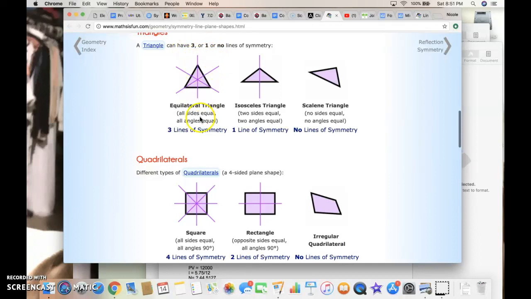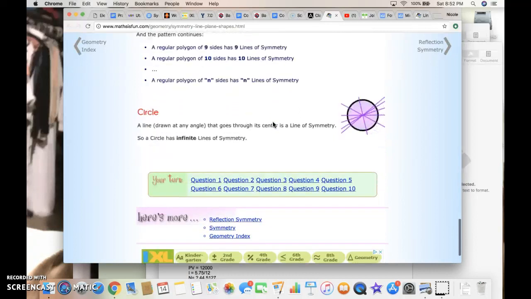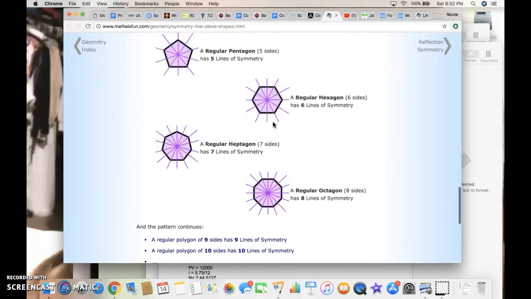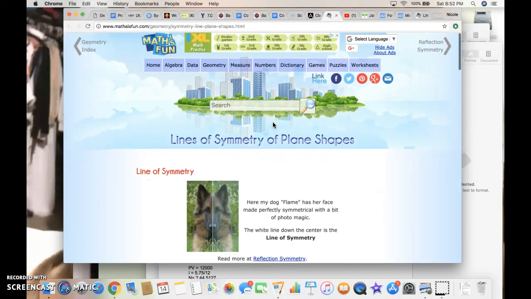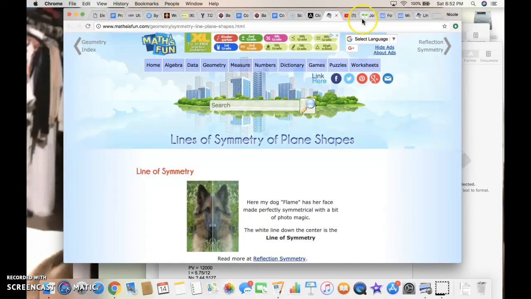Like an equilateral triangle has 3, an isosceles has 1, but a scalene triangle doesn't have any lines of symmetry. So you can take a few minutes just to review some of these shapes, and later on we might do some more activities looking at line of symmetry on this website.